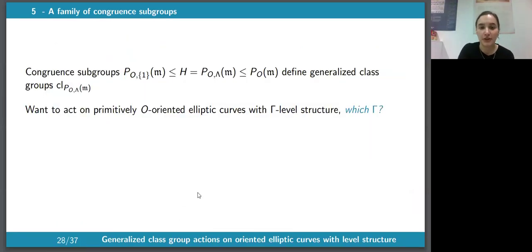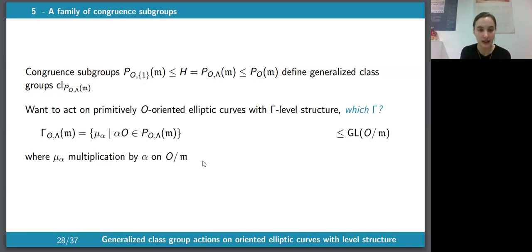Now, we've defined this family P_{O,lambda}(M) of congruent subgroups, which in turn define generalized class groups. And we would like to act on primitively O-oriented elliptic curves with gamma level structure, but the question now is, which gamma do we have to take? And the answer is quite natural.